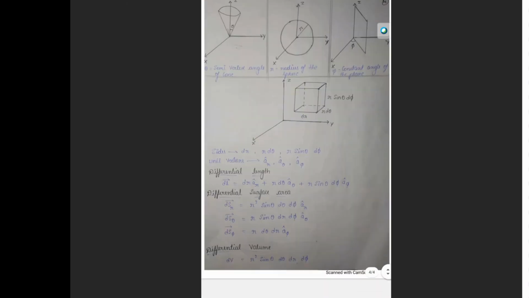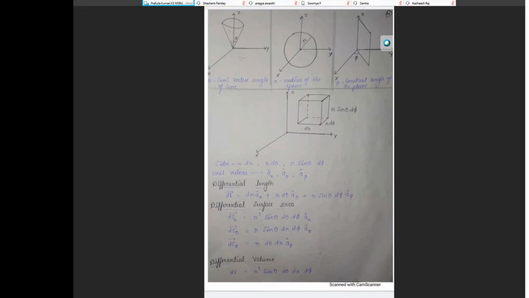And here, if you want to construct the differential volume, once again, all these three solid figures are projected on the coordinate axis, and if you frame a differential volume, you get the figure shown here. What will be the sides in this case?